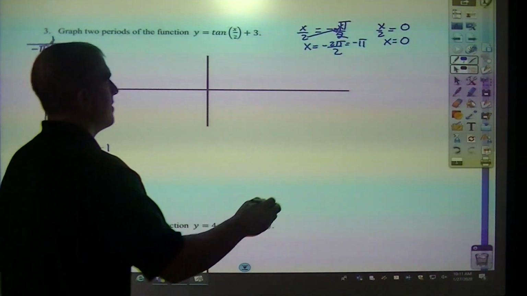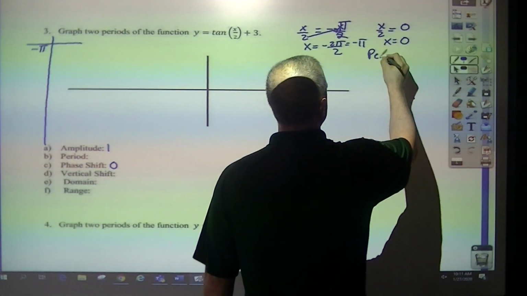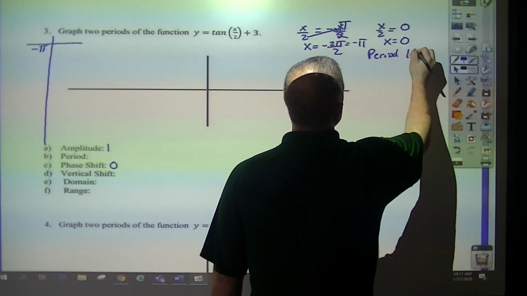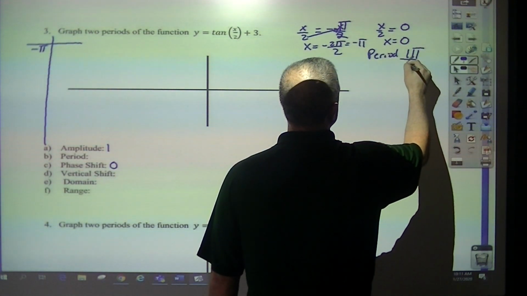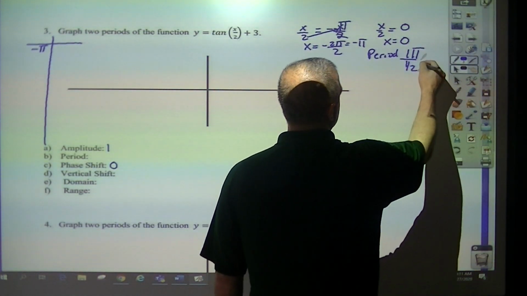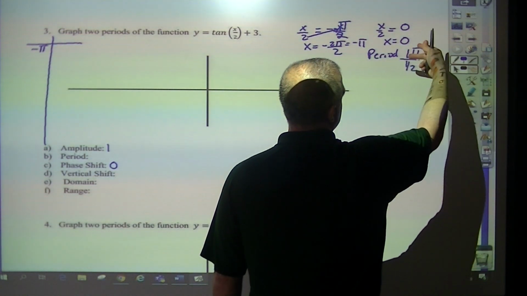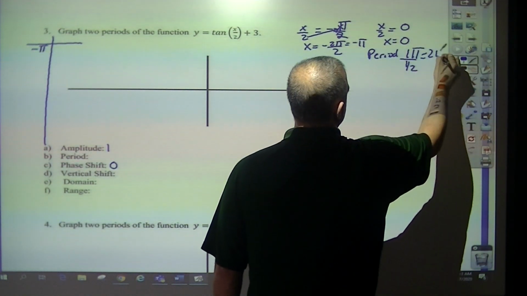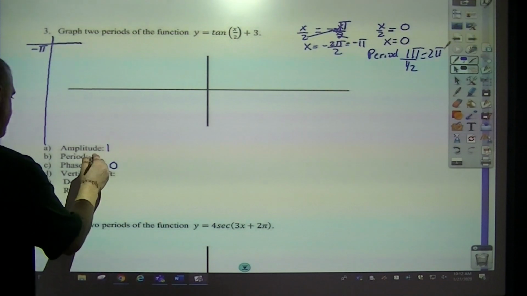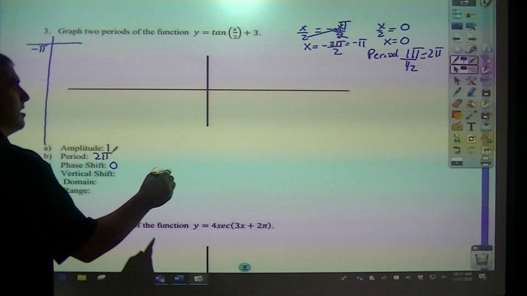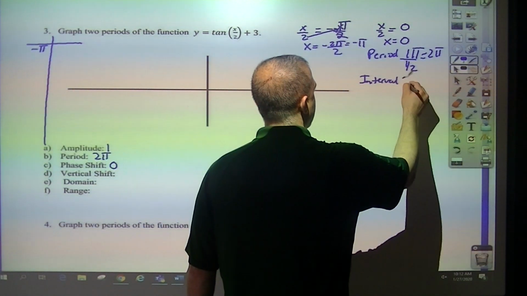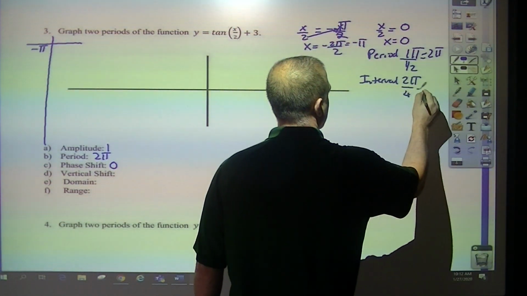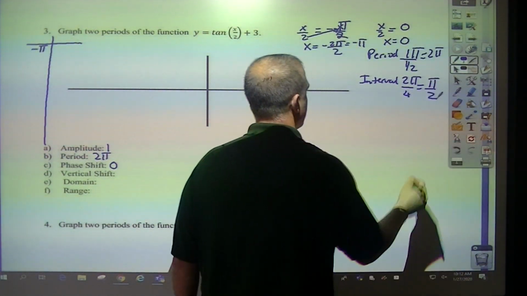The period: I take 1 pi divided by the number in front of x, which happens to be a half. When you flip that fraction, the period is going to be 2 pi. To get my interval, I'm going to take 2 pi and divide it by 4, which is pi over 2.